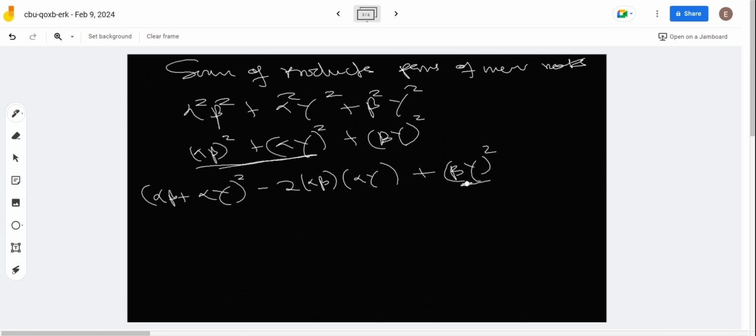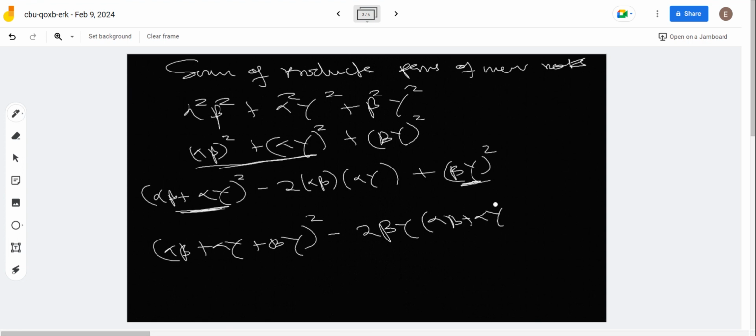This and that also form a sum of two squares, so let's write that too: alpha beta plus alpha gamma plus beta gamma all squared minus 2 beta gamma multiplying alpha beta plus alpha gamma, then minus this one, minus 2.